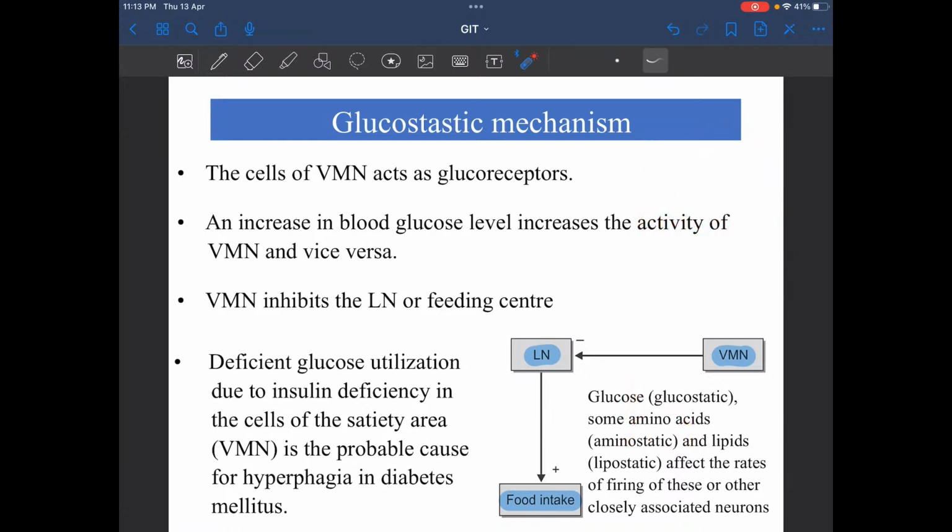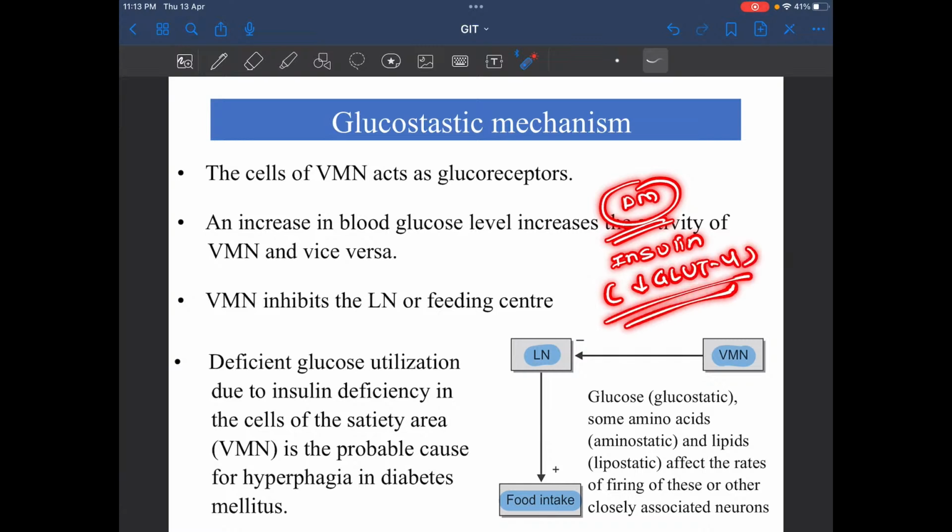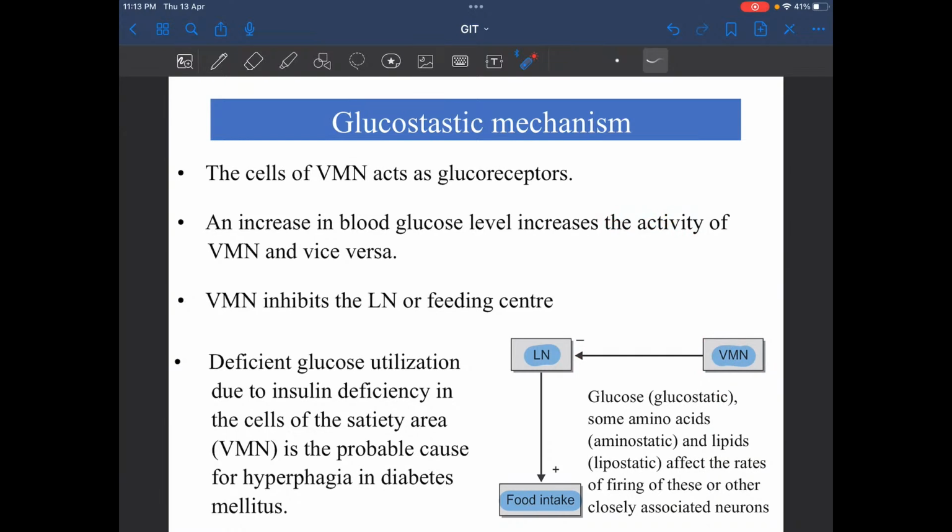satiety. However, in case you develop diabetes mellitus, whenever you have insulin resistance and downregulation of your GLUT4 receptors, when they're not able to work, what is going to happen? The glucose will not be able to go inside the VMN, and hence it's not going to signal that there is an adequate amount of hyperglycemia present.